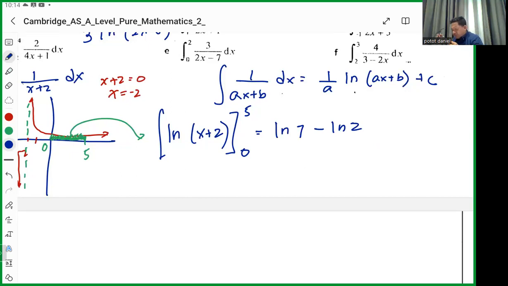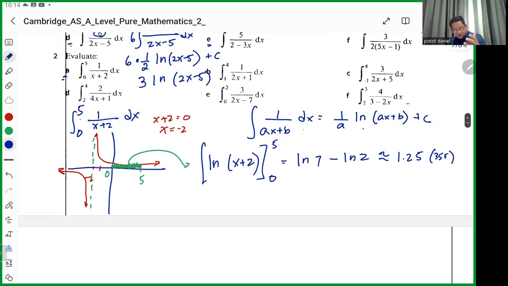It says here 1.25, so approximately 1.25 in three significant figures. So again, the definite integral is like the area bounded by the two lines x equals 0 and x equals 5 and under the curve. Letters D, E, and F are all the same.